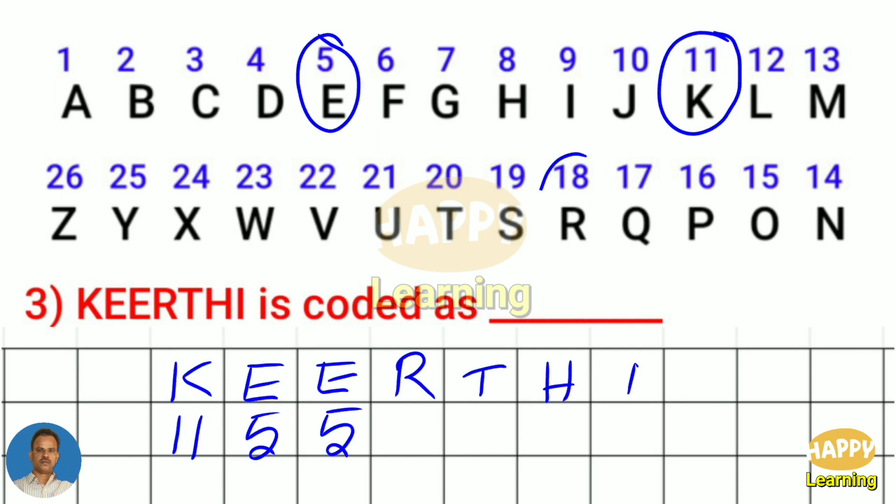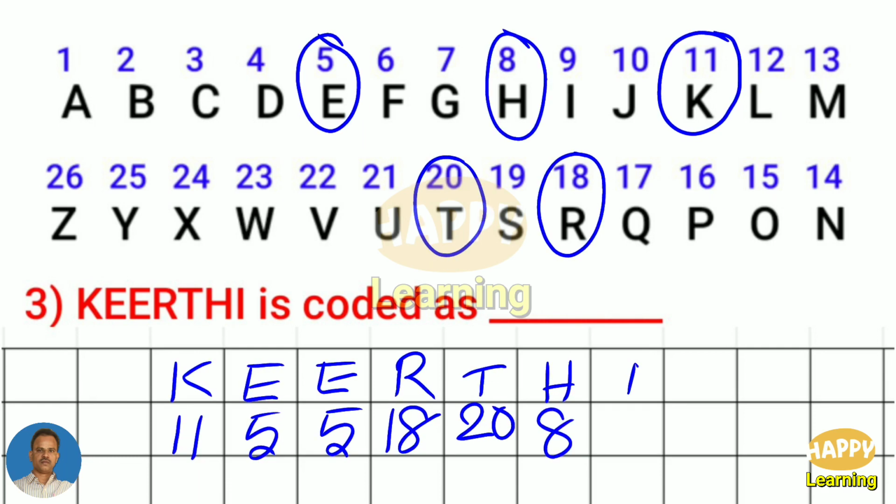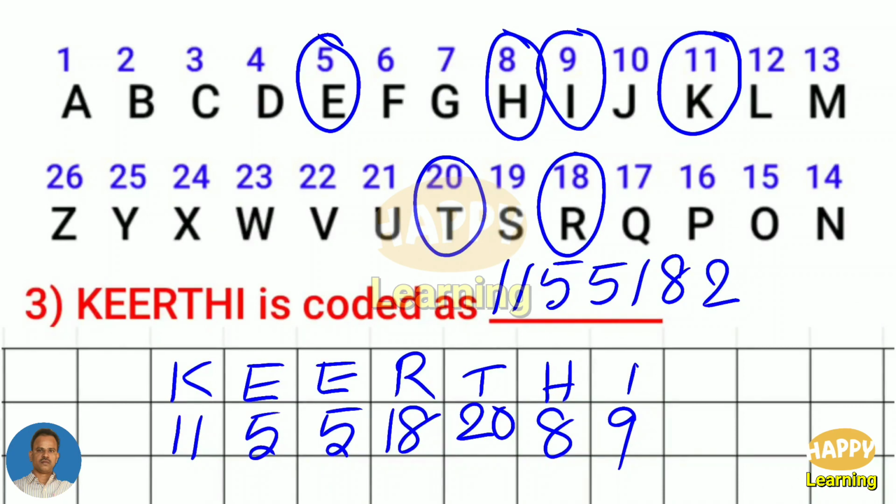R is coded as 18. So write 18. Then T is coded as 20. So write 20 here. H is coded as 8. So write 8. I is coded as 9. So write 9. Therefore, Kirti is coded as 1115182089. Okay, right.